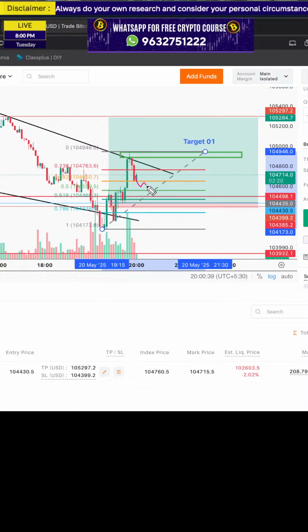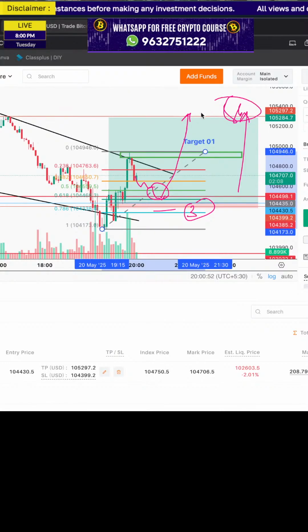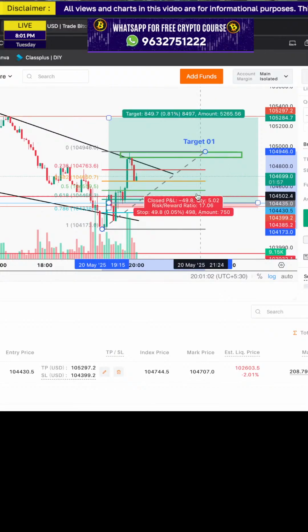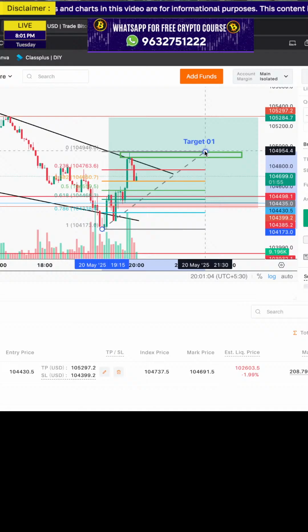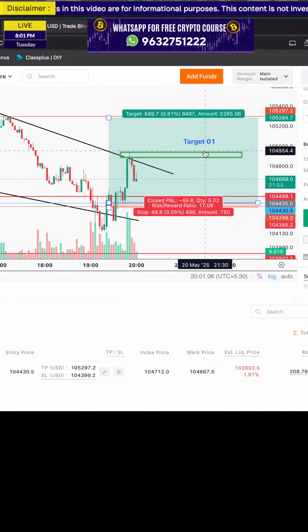But in case it comes to the lower zone, then it becomes a 50-50 chance for me to look for an opportunity. Since I have to lose only $3 and profit is $86, it is a worthy wait for me. So with that logic, calculatively, we have thought about holding on to at least half the quantity. I hope you have got clarity on why I'm holding on to this trade. There's nothing to lose.